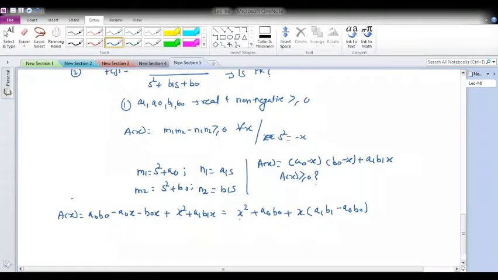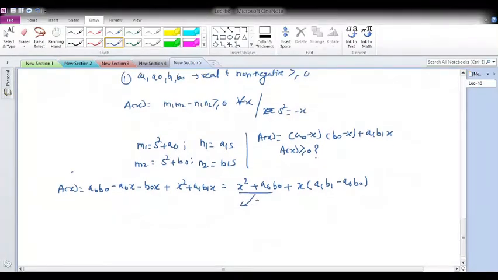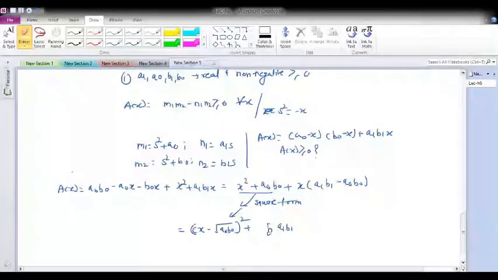Now what can be done? Convert it into the square form. So this can be converted as x minus square root of a0 b0, its square, plus x times a1 b1, and this you cannot directly write.